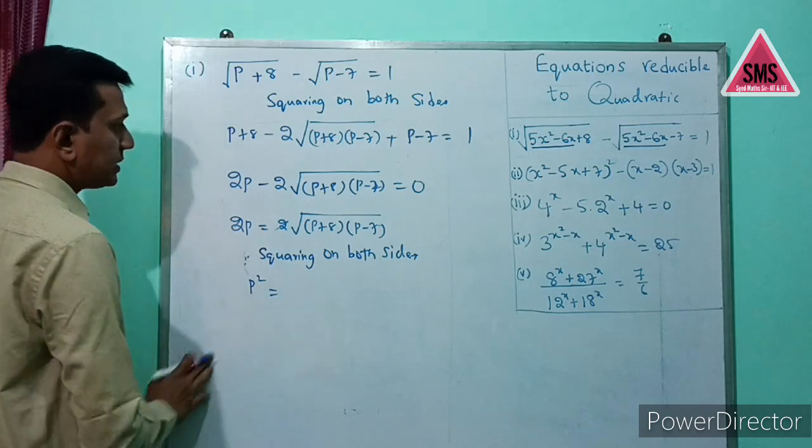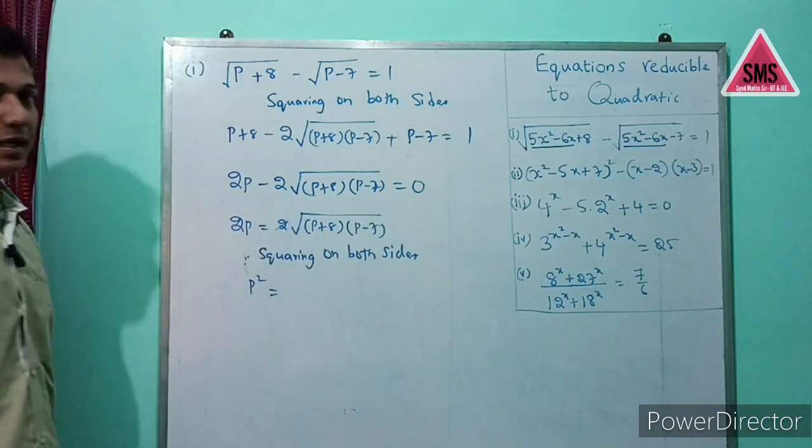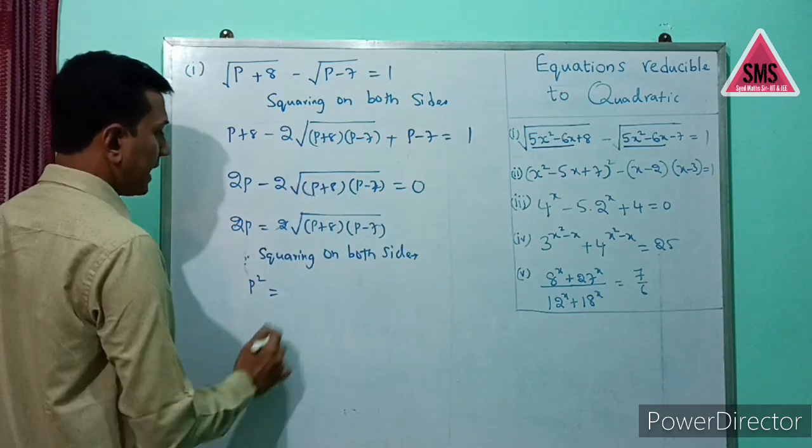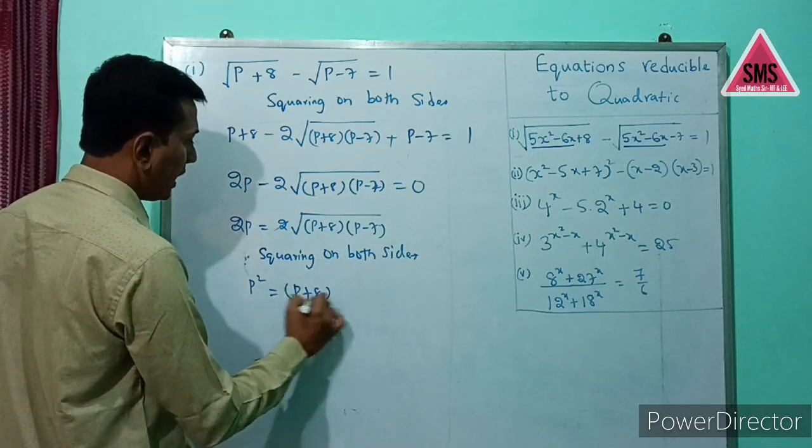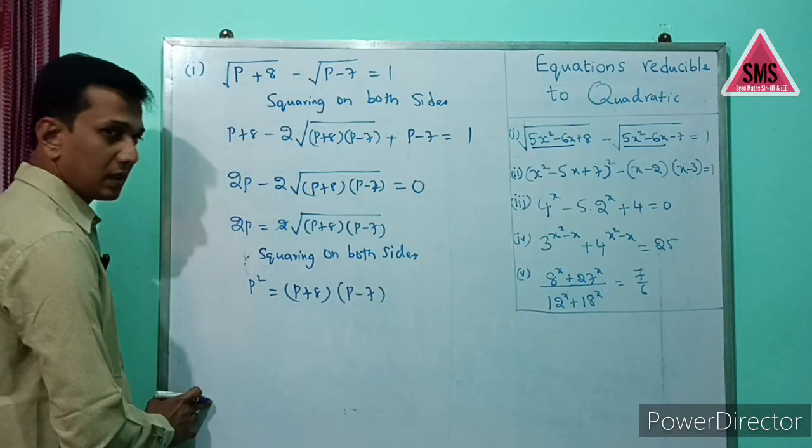Now p square is equal to, since it is a single term, square and root get cancelled, we will be left with p plus 8 into p minus 7.